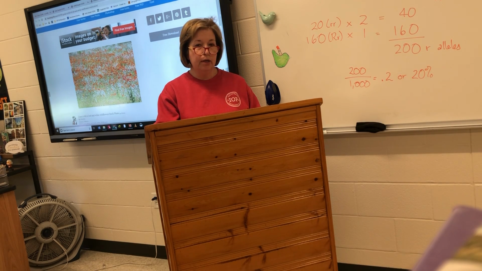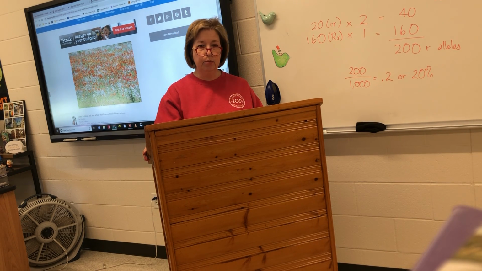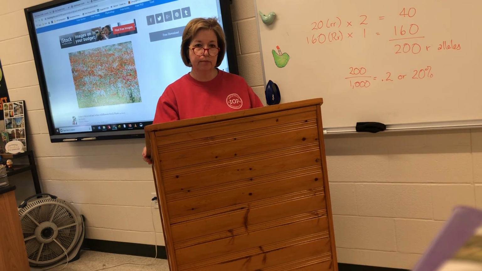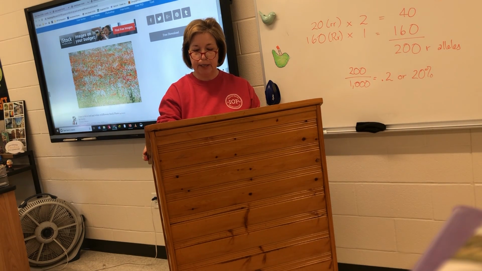All right, so a couple of scientists developed a mathematical equation to describe what's going on when a population is not evolving, and that's called the Hardy-Weinberg rule. The Hardy-Weinberg rule uses some of the assumptions we just talked about.